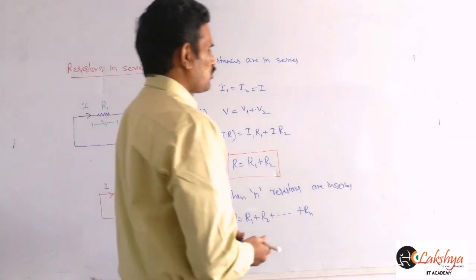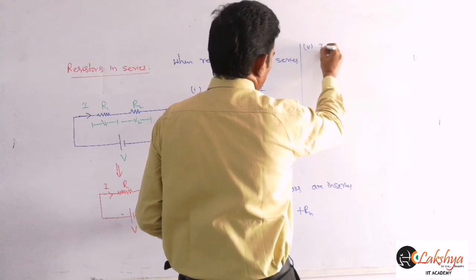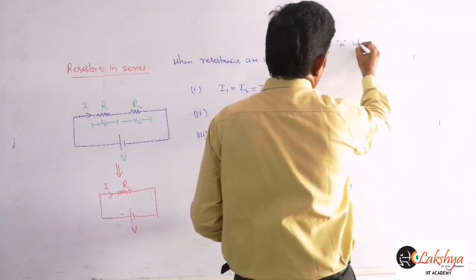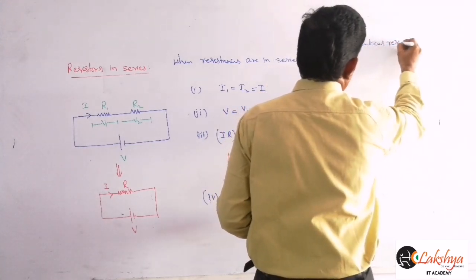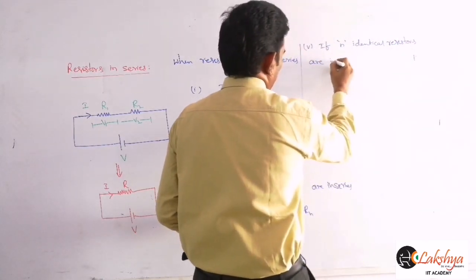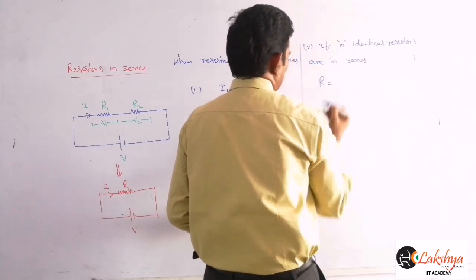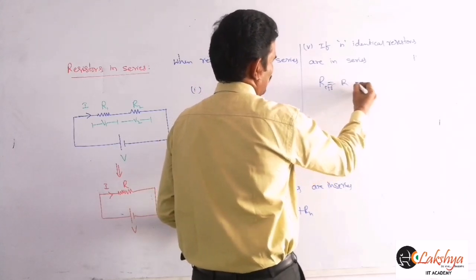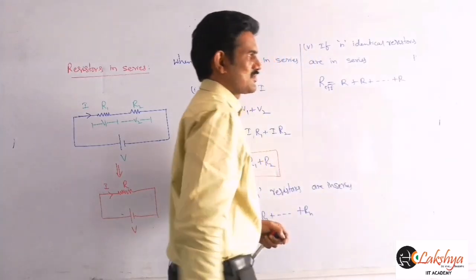If, for example, all those resistances are identical, if n identical resistors are in series, then the effective resistance we can write as R effective is equal to R plus and so on plus R, that is n times.